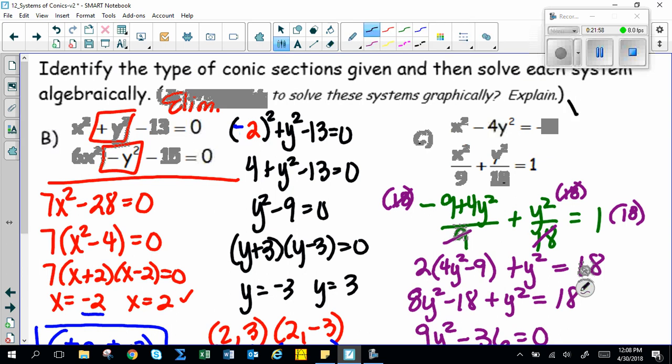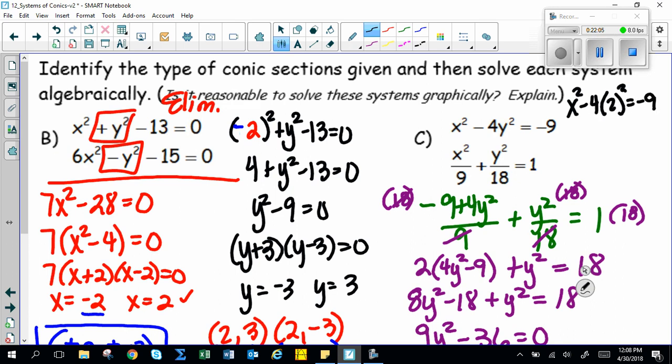So if I have x squared minus 4 times 2 squared equals negative 9, I have x squared minus 16 equals negative 9. x squared equals 7, so x equals plus and minus radical 7.